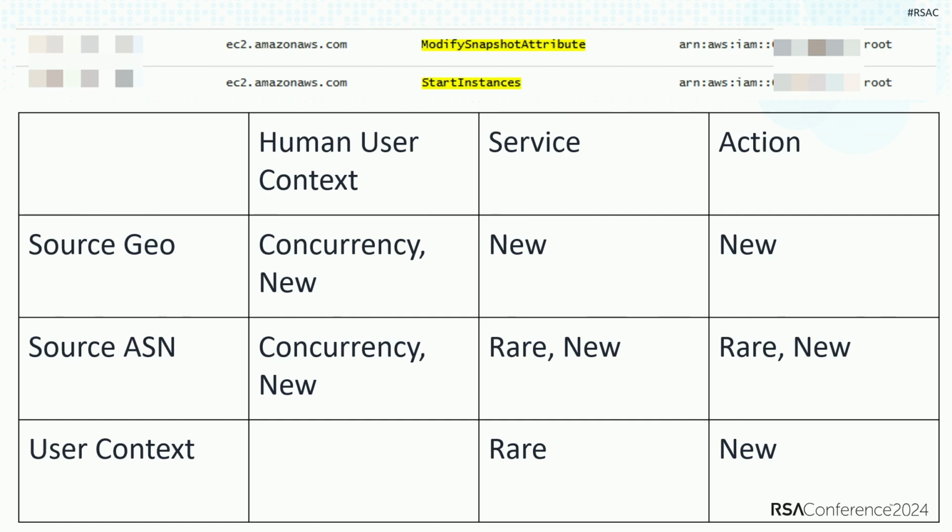Many of the SIM tools out there can do these kinds of things. And concurrency is an older technique, and it essentially means we have the same user coming from 2 different points in the world that are probably not feasible for them to be roaming between.